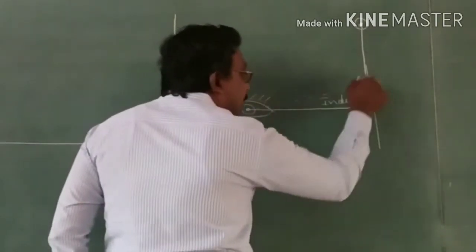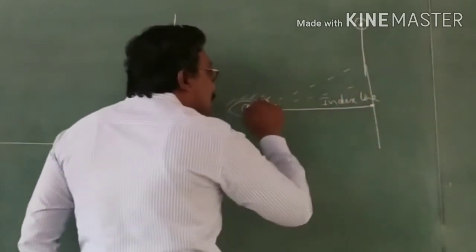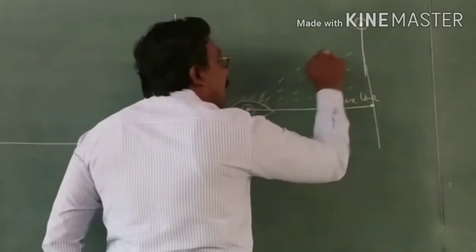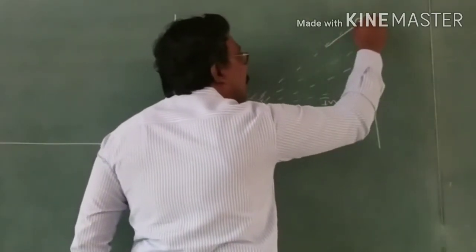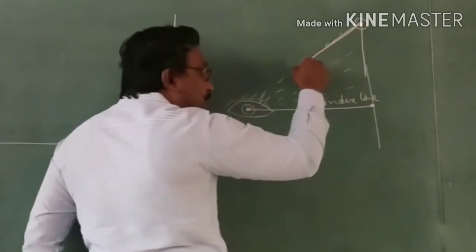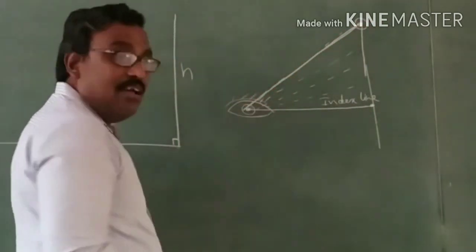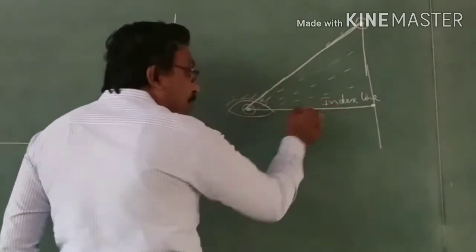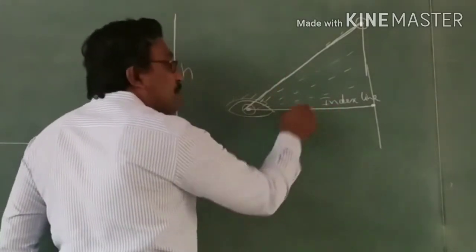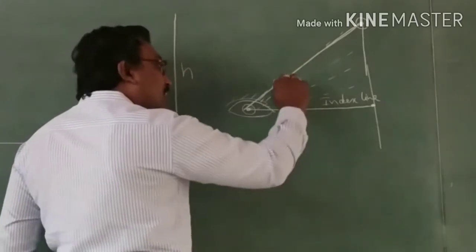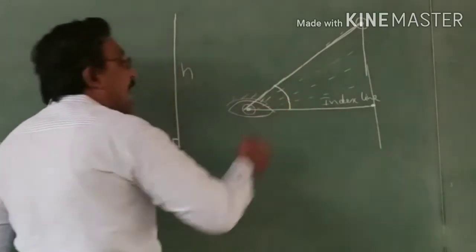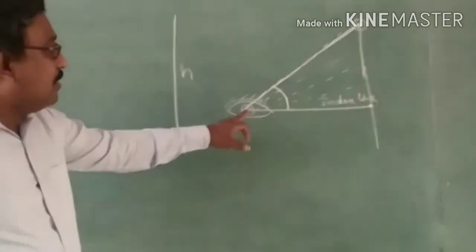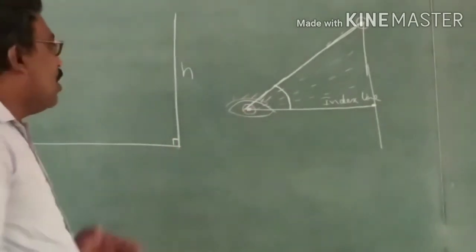Slowly your eyesight is lifting up, and then you observe this position. If you take this as the initial ray and this as the terminal ray, then this is called an angle.